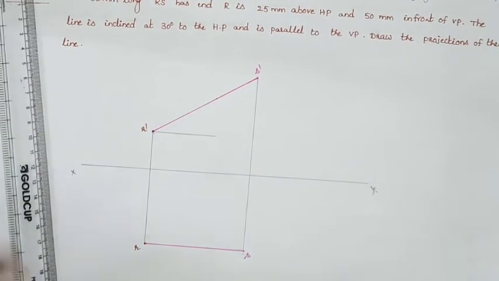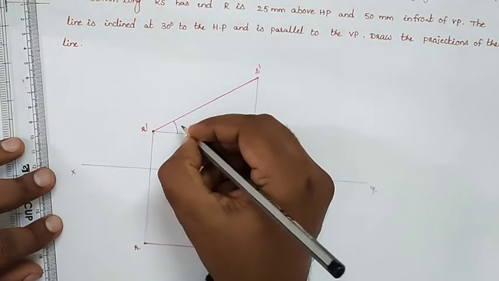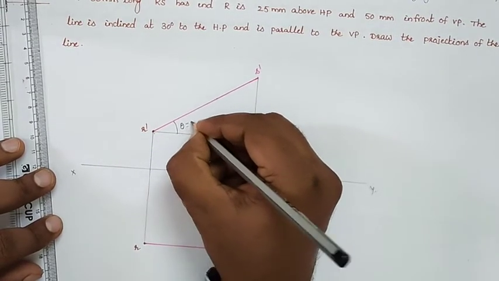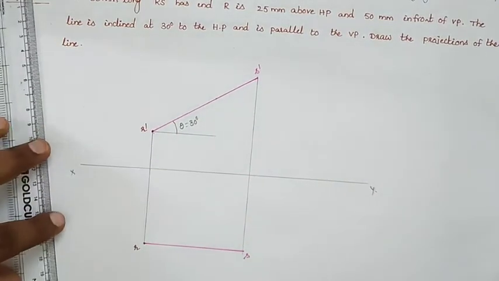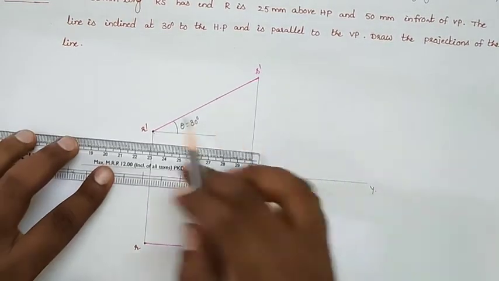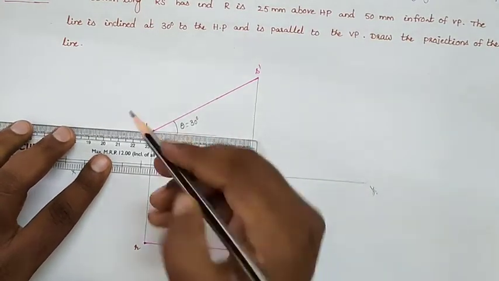So this is our required problem. After drawing this problem, we will mention here theta is equal to 30 degrees, and also mention the dimensions. So this is our R dash S dash, which is our front view, and RS is our top view.